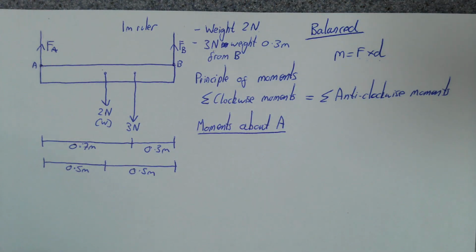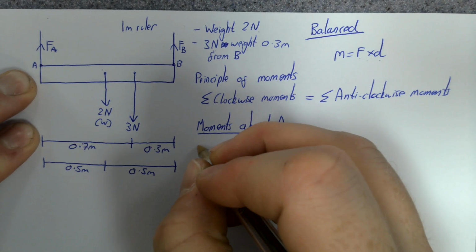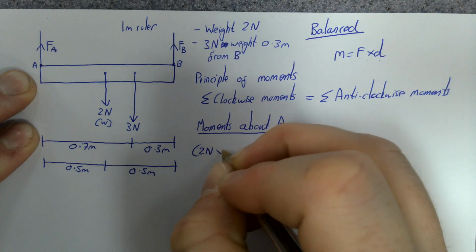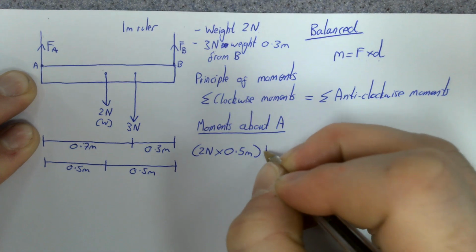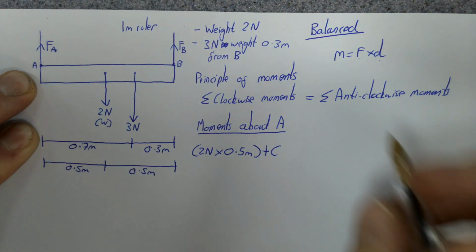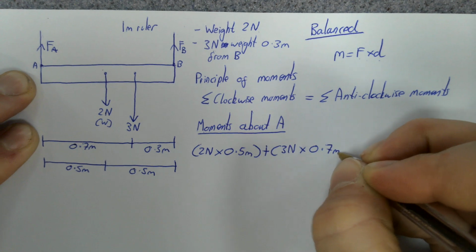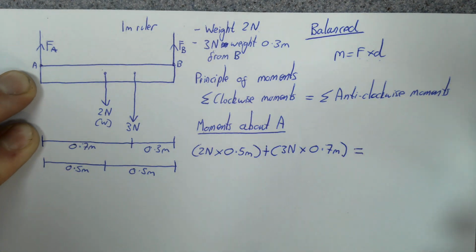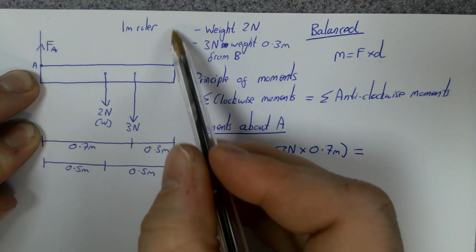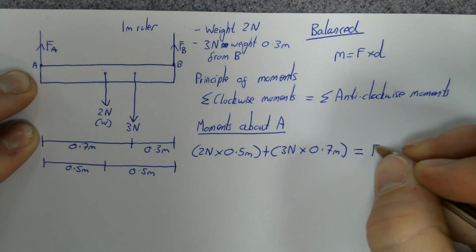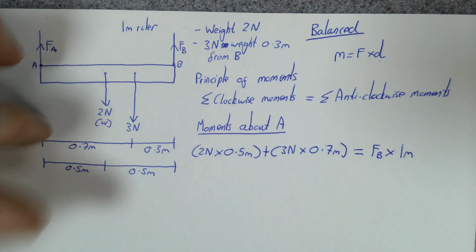So sum of clockwise moments from point A, you've got the weight, so 2 newtons times 0.5 meters, plus the 3 newtons times 0.7 meters, that is going to be equal to the sum of the anti-clockwise moments, which is only force B. So that is force B times 1 meter.